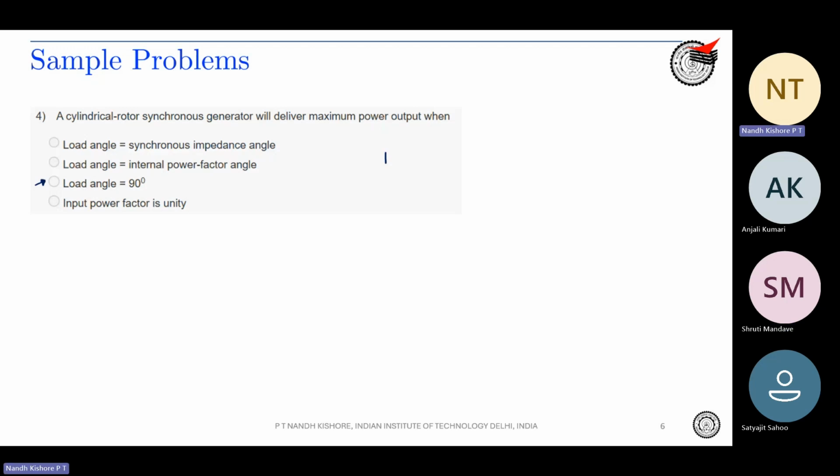So that is option A now. So which is correct? Option C or option A? Option A. Okay. So where does it come from? How do you tell that it is a correct answer?